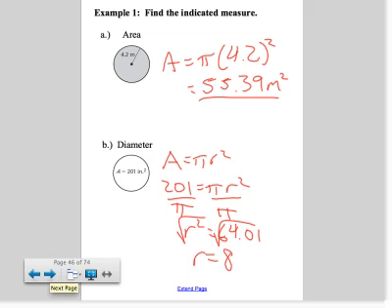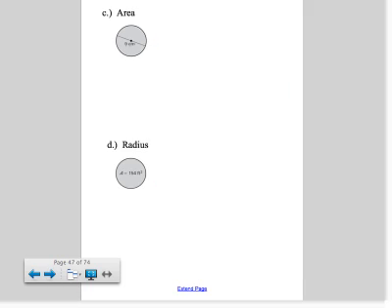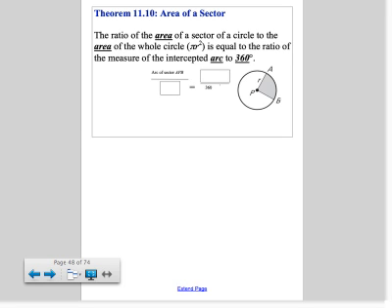So the radius here is 8 inches, which makes the diameter 16 inches. So again, you've got to go through the radius to find the diameter. And you guys can look at parts C and D, very similar to parts A and B, and we'll talk about those in class if we need to.